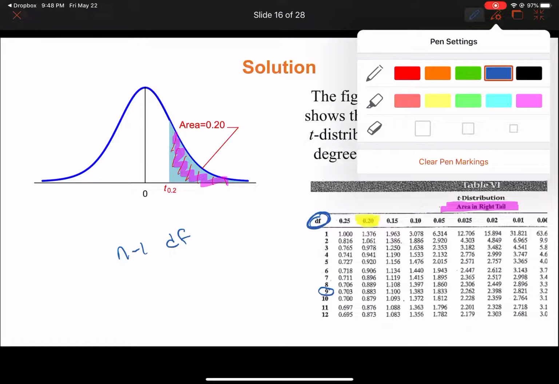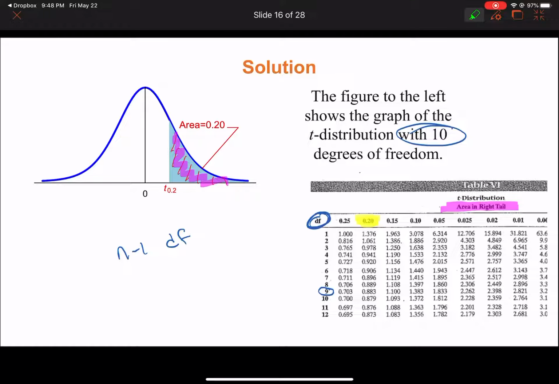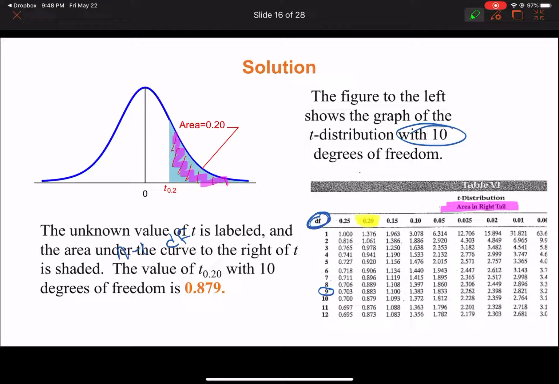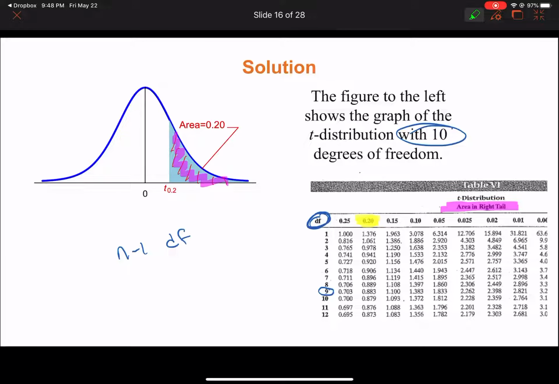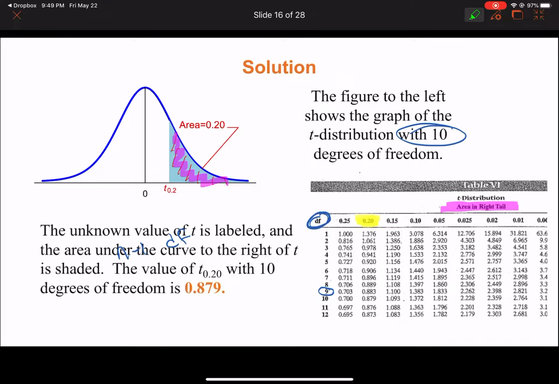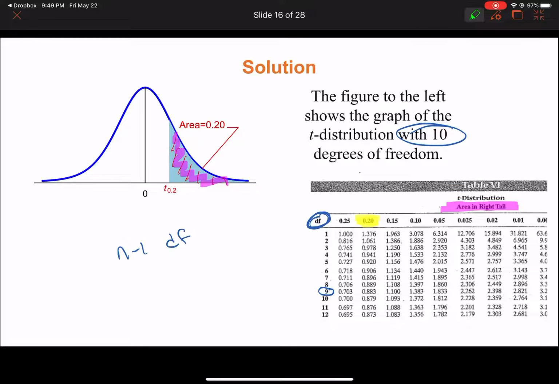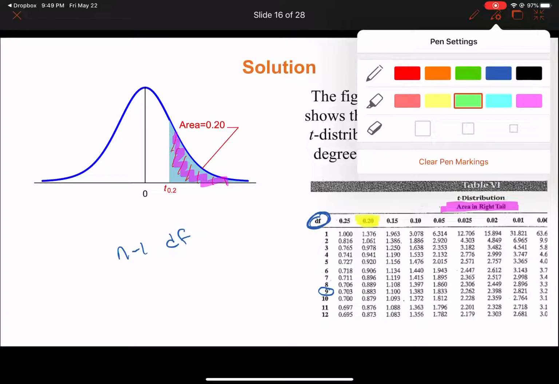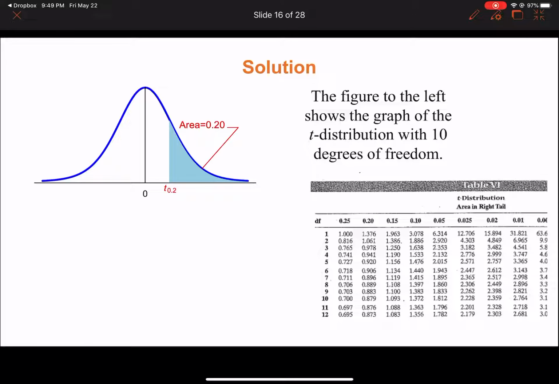When we go here and look, why did it give us the wrong one? Okay, sorry about that, this example right here is already our n minus 1.